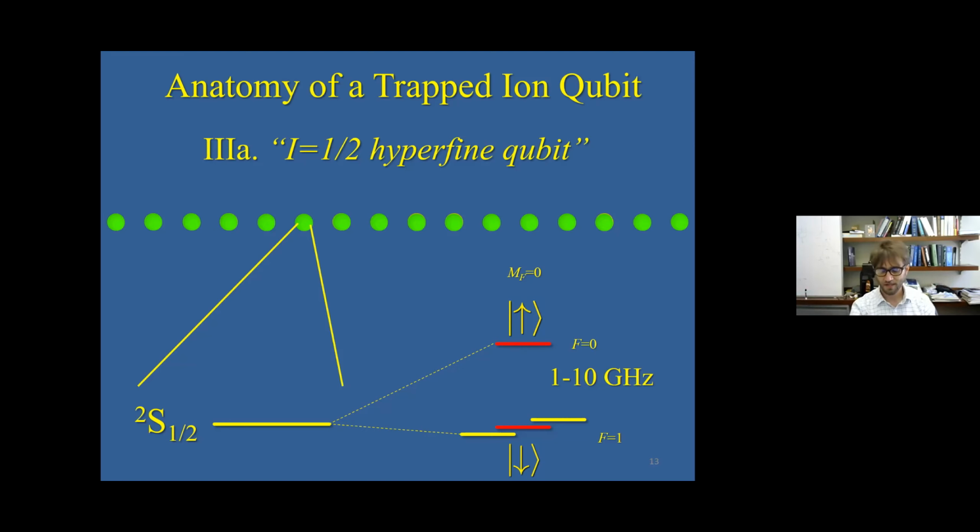And that gives us just enough hyperfine splitting to have our 10 gigahertz qubit, but nothing more. And while I am going to try to argue that having a lot of states is a useful thing, it is also true that if you want to have a bunch of states in your atom, it can be inconvenient if they're all bunched up right around the same energy as the states you want to differentiate from them, your qubit states. So having lots of states is good as long as they're kind of elsewhere.